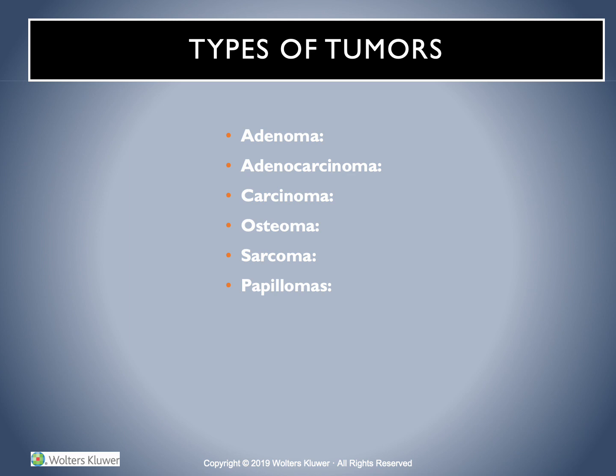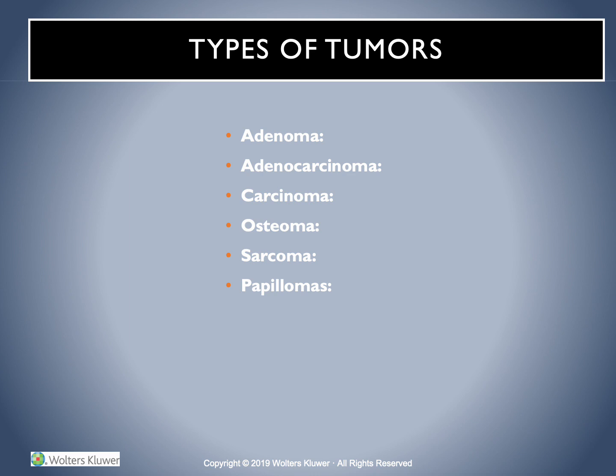Carcinomas are the most common type of cancer and can occur in various organs, including the breast, lung, colon, prostate, and skin. Whereas sarcomas are tumors that arise from connective tissues such as bone, muscle, fat, and cartilage. They can occur in any part of the body and are less common than carcinomas.